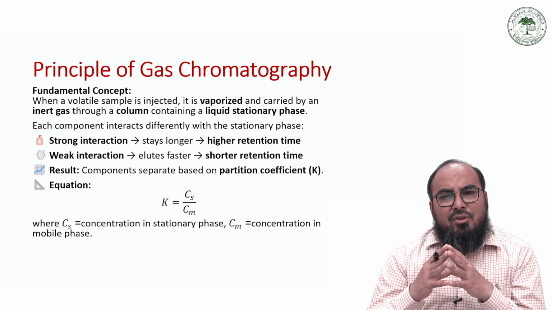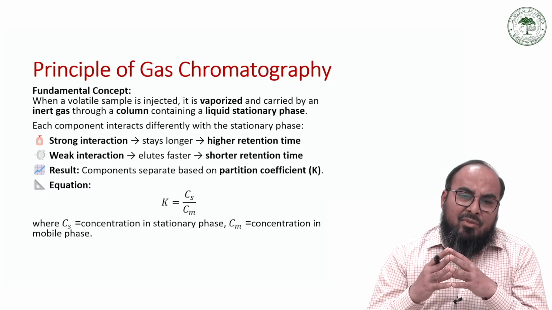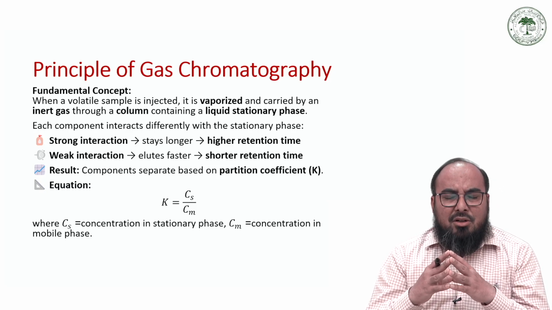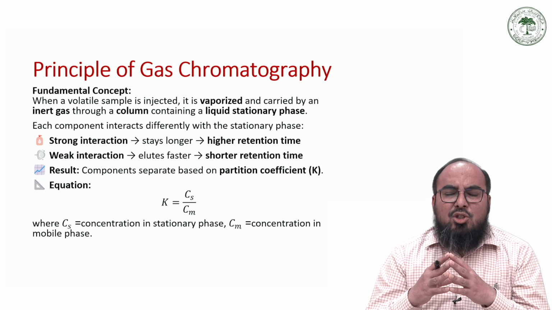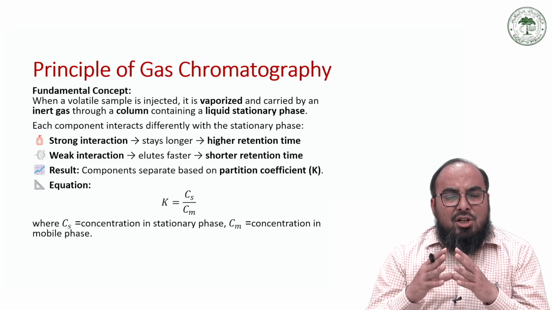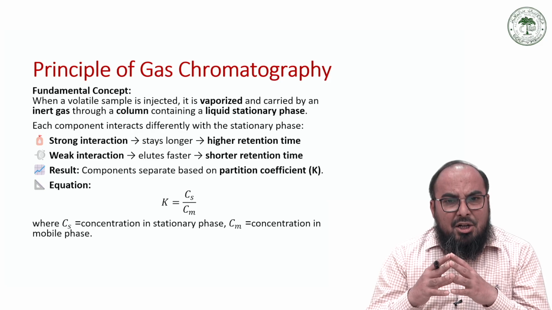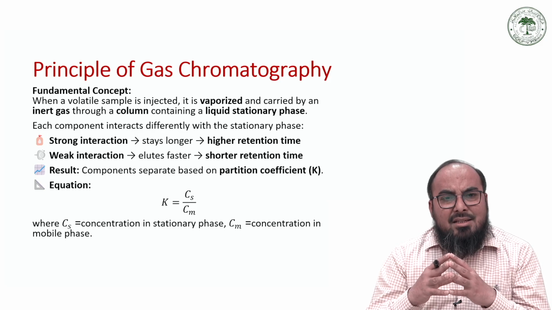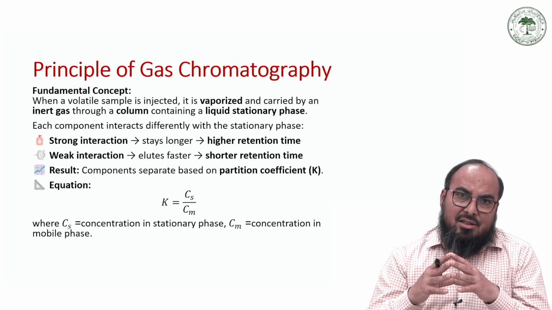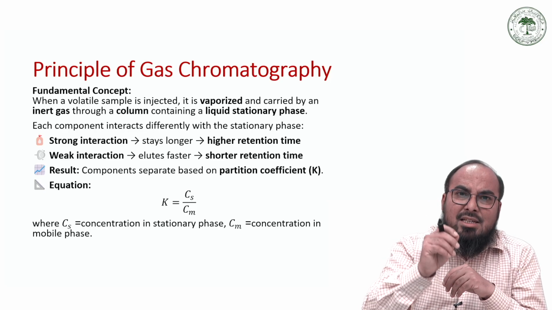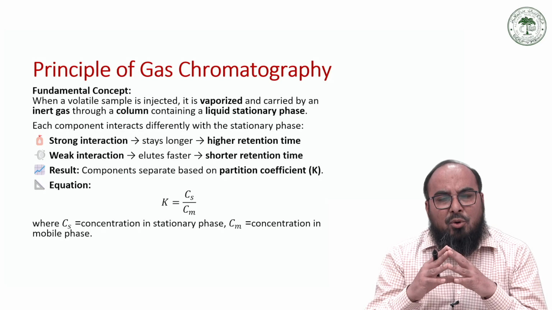So this type of GC is very beneficial for the identification and for the quantification of the components of a vaporized sample. Here the sample gets partitioned between the carrier gas and the liquid stationary phase. This liquid stationary phase is immobilized on the inert solid support.